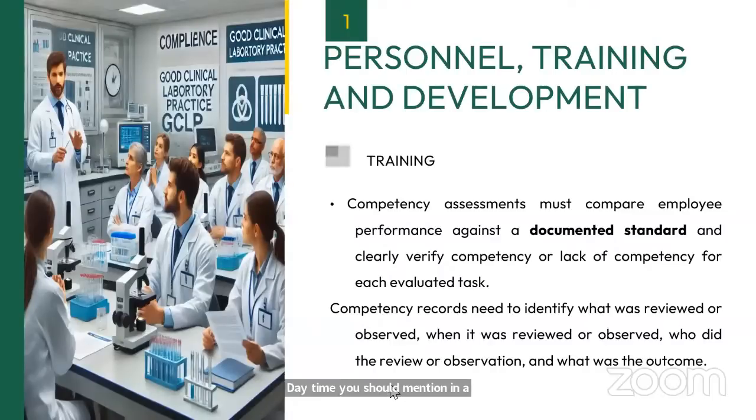You should also record who did the review or observation, whether it was the supervisory person or the manager performing the competency assessment. And finally, what was the outcome, whether the competency assessment has been performed satisfactorily or if there are any gaps. All those things must be recorded in your competency assessment.